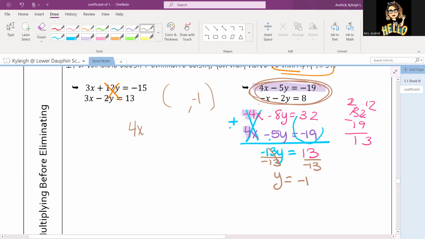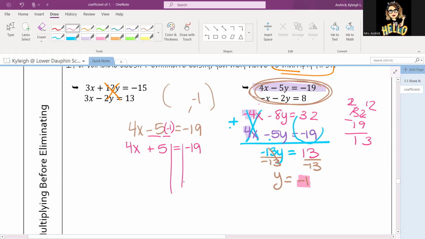So we have 4x minus 5y equals -19. I know that y is equal to -1, so I'm going to replace y with -1. So I'm going to erase that y. I'm going to put in a -1. So 4x -5 times -1 is +5.